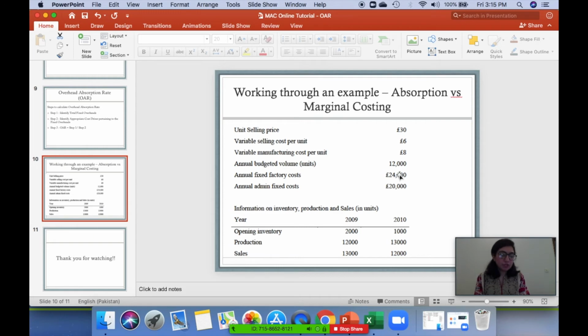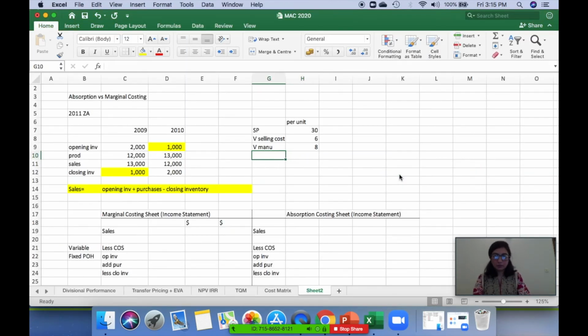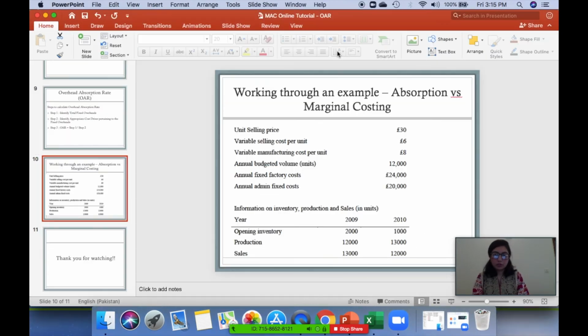Why do we have budgeted volume? I will show you the use of that. So I'm going to write budgeted units here, which was 12,000, right? I think I've added an extra 0. I can go on my tab here and reduce it. Again, I'm going to put them all in commas.